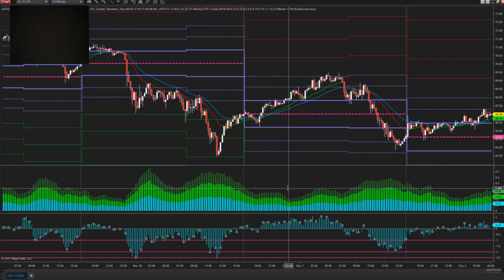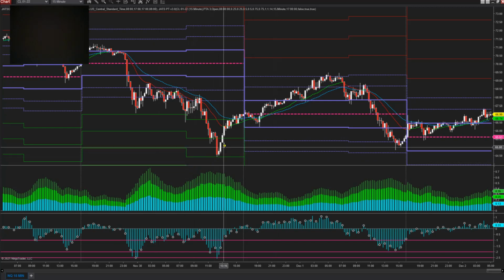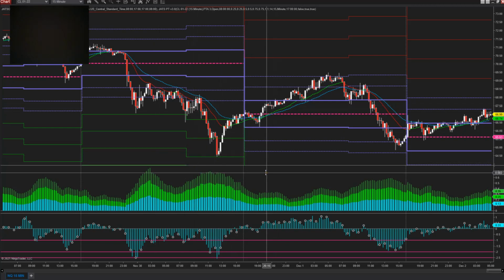Most people will just stay with the standard Fibonacci sequence, 618s, and look for 50s and 382s, things like that will work in the equity indexes.